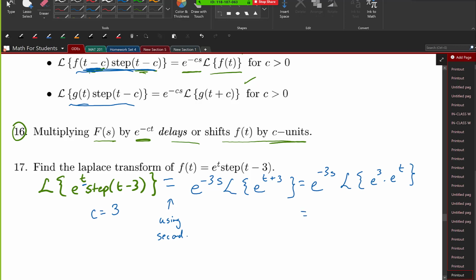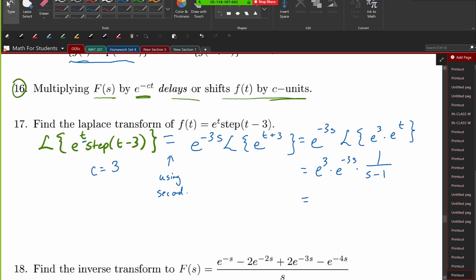You could also think about it by our translation theorem, our shifting theorem from before, but I'd rather just think of e to the 3 as a constant that I'm going to then pull out by linearity. And so we get e to the 3 times e to the minus 3s times 1 over s minus 1. Or in this case, we would have e to the 3 minus 3s all over s minus 1.